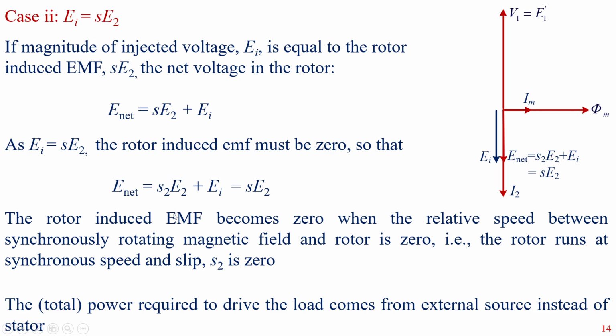The rotor induced EMF becomes 0 when the rotor runs at synchronous speed and slip is 0. Slip S2 is 0. The total power required to drive the load comes from the external source instead of the stator.